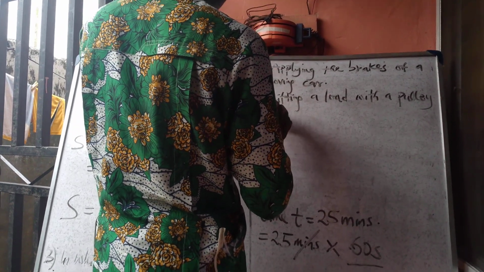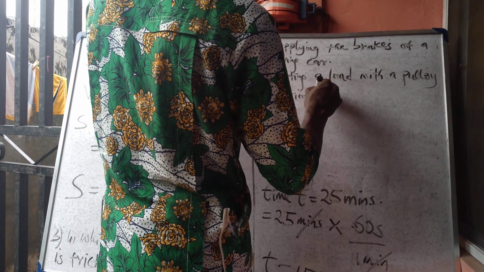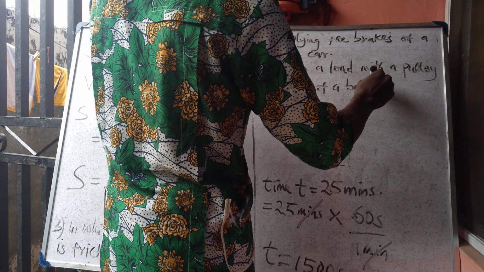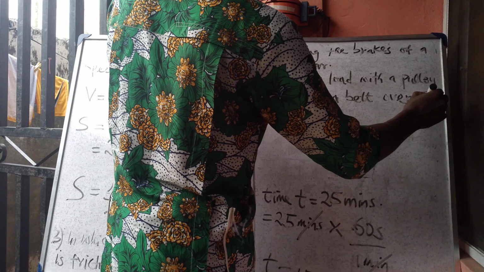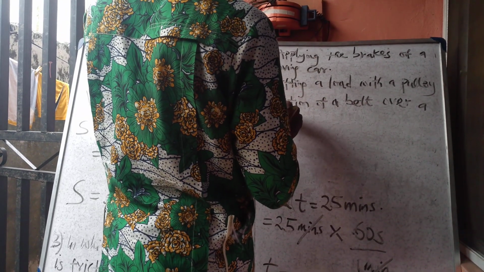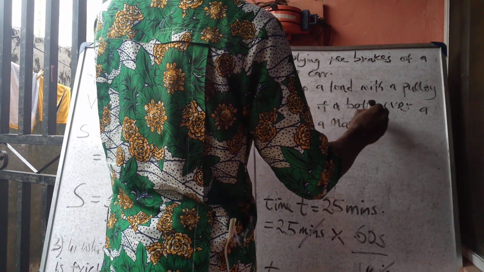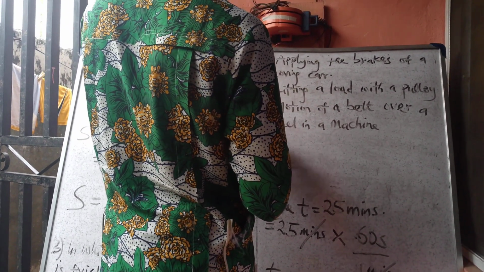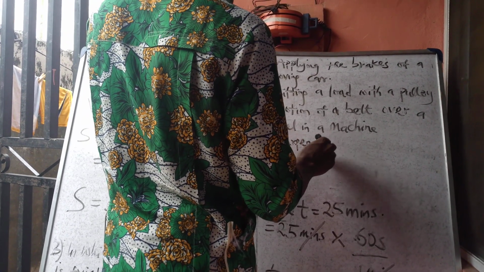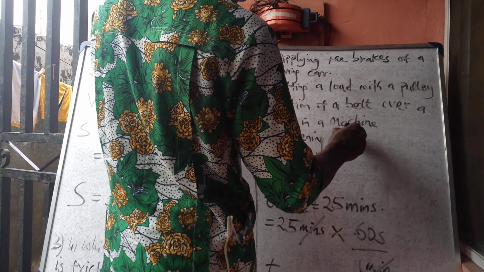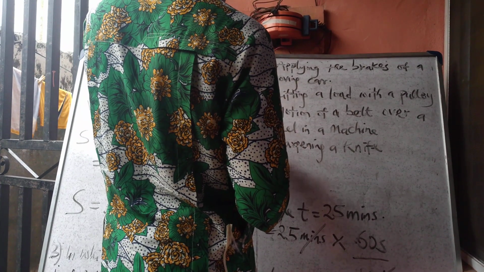Option C, motion of a belt over a wheel in a machine. Option D, sharpening a knife. And finally, you have walking.